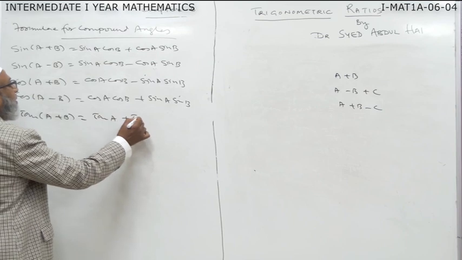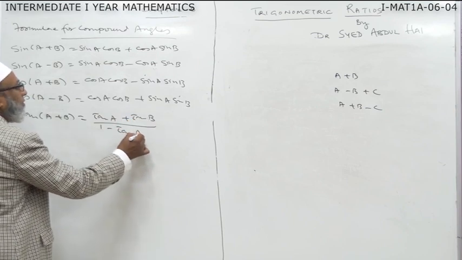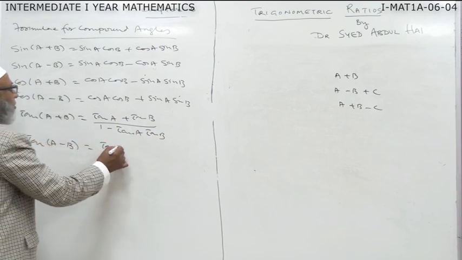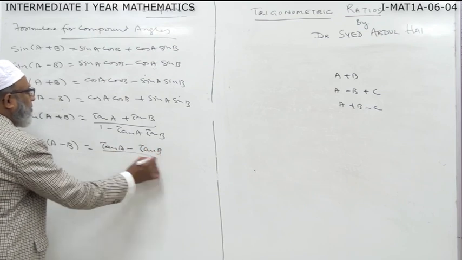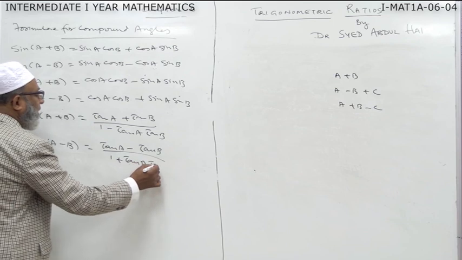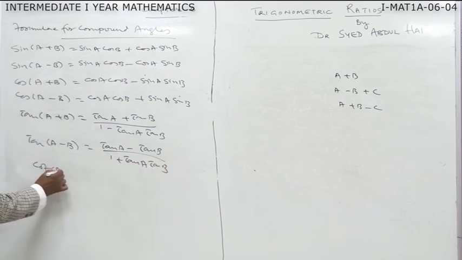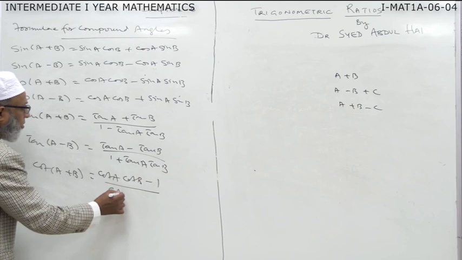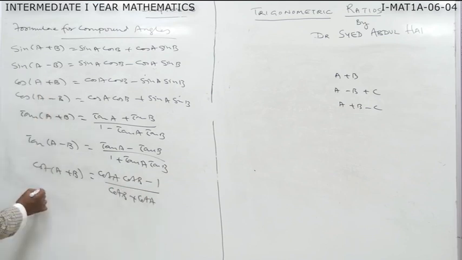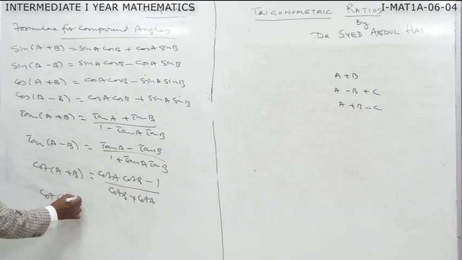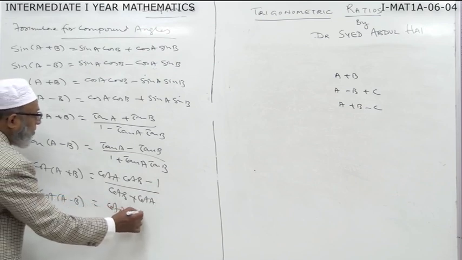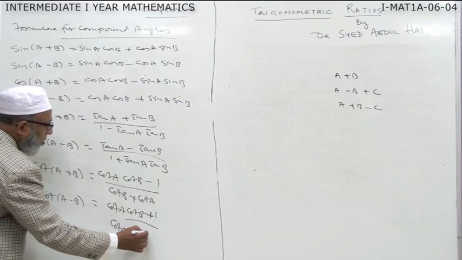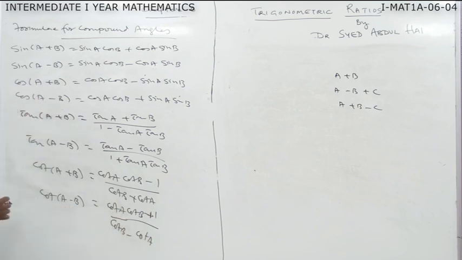is equal to tan A plus tan B by 1 minus tan A tan B. Tan of A minus B is equal to tan A minus tan B by 1 plus tan A tan B. Cot of A plus B is equal to cot A cot B minus 1 by cot B plus cot A. Cot of A minus B is equal to cot A cot B plus 1 by cot B minus cot A. Is it clear?